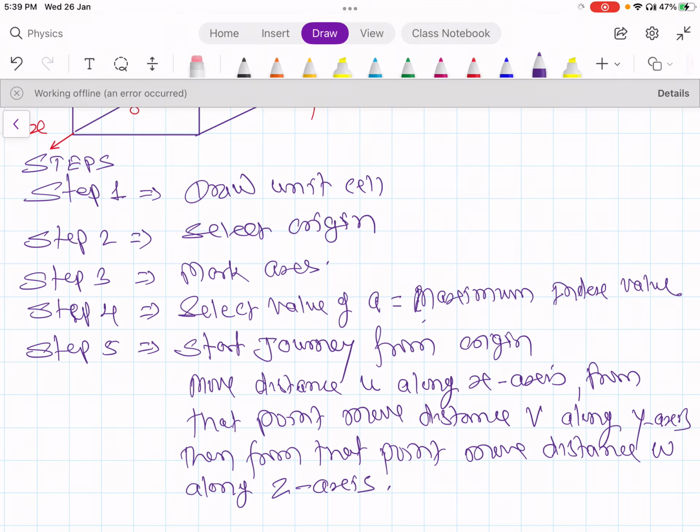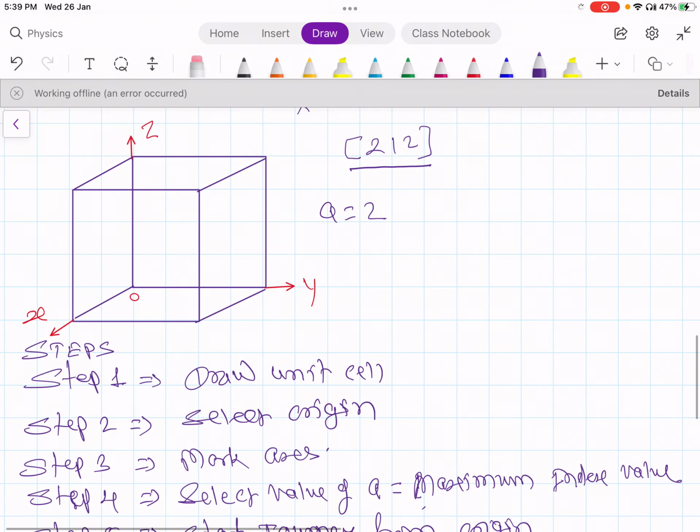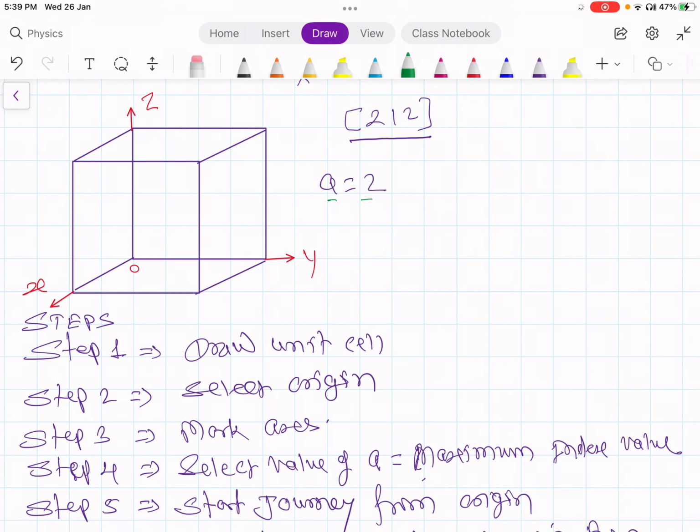So let's move that in this diagram. We are going to start our journey from the origin. Our value of a is 2, so the edge length of this cube is 2. And we have to move distance 2 along the x-axis.